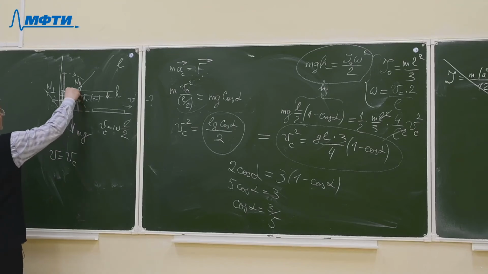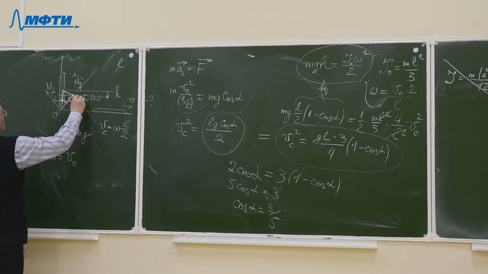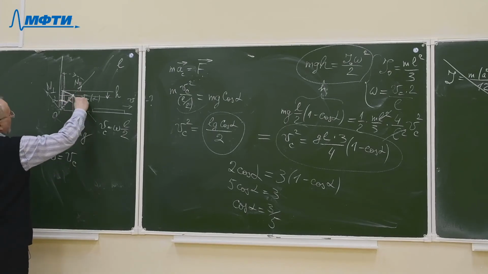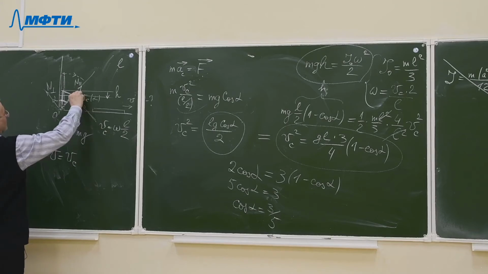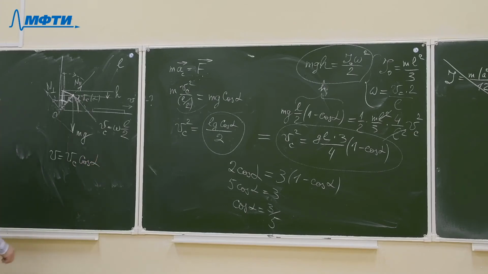And the horizontal component can be found in which way? If this is alpha, then this is also alpha, and the horizontal component will be vc cosine alpha. And that's the final answer, actually. We need to find this horizontal component.